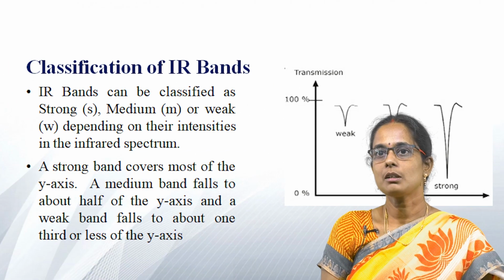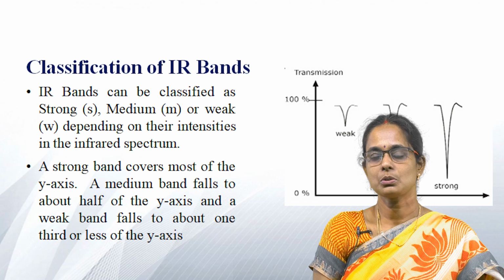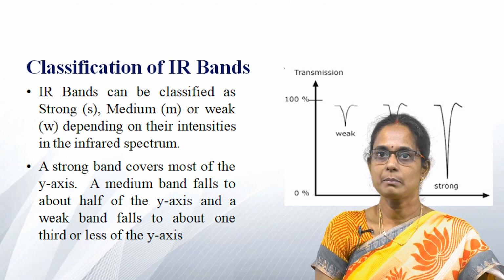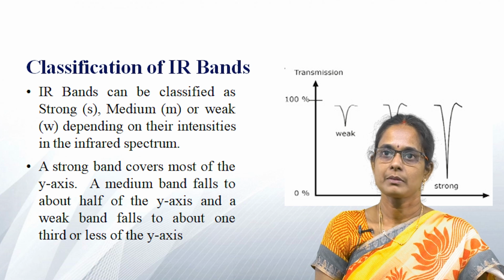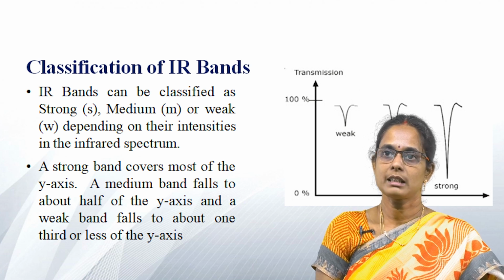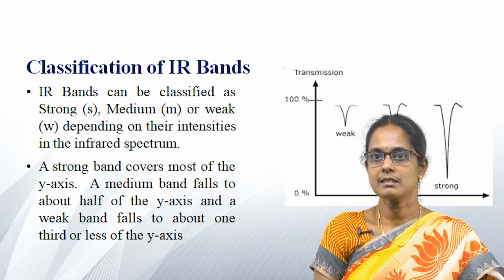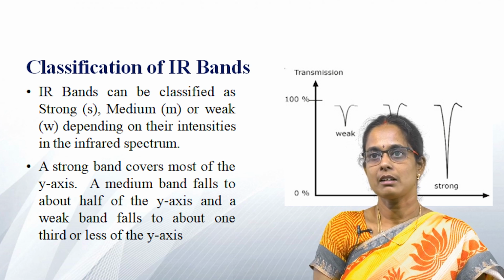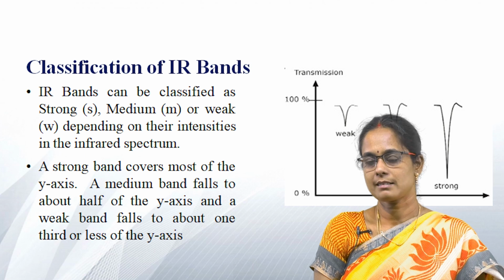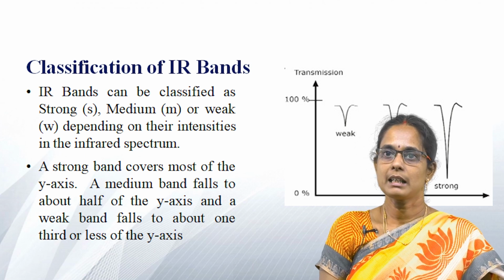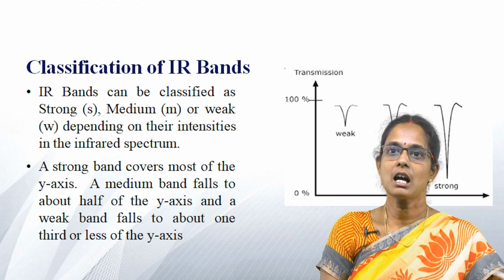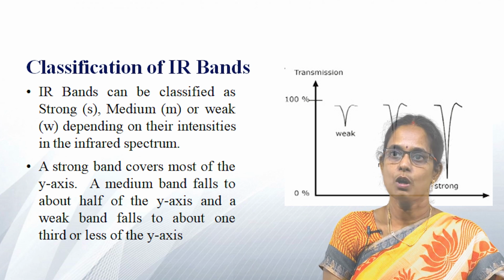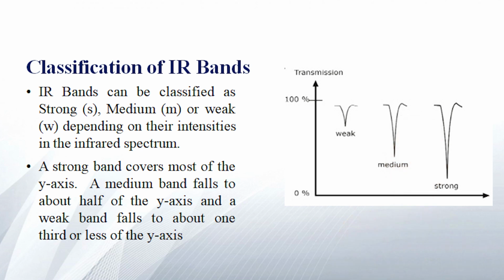IR bands are classified into three types: strong band, medium band or weak band, depending upon their relative intensities in the IR spectrum. A strong band covers most of the y-axis, a medium band falls to half of the y-axis, and a weak band falls to about one third of the y-axis.